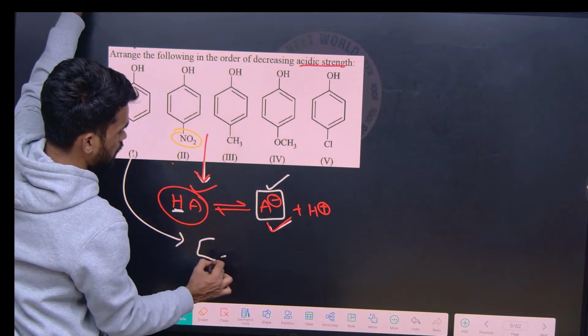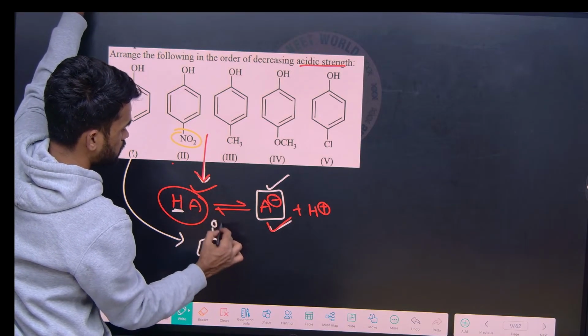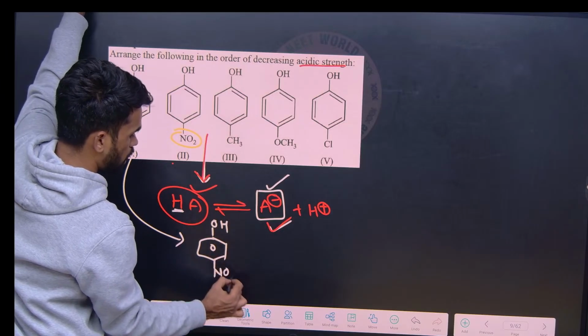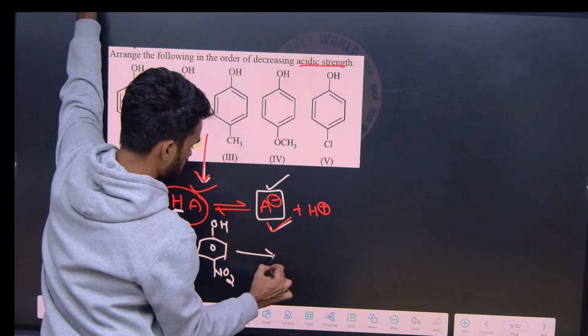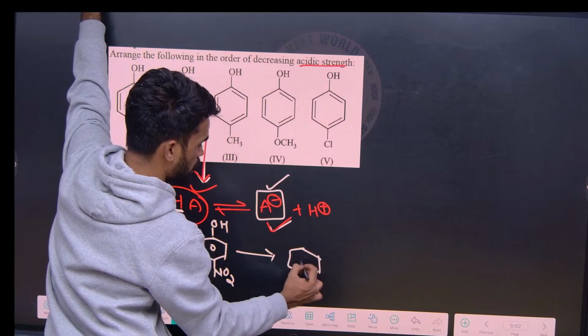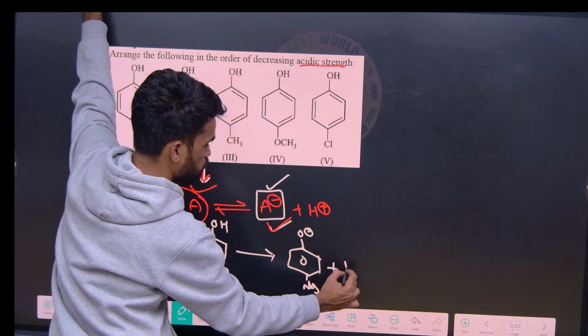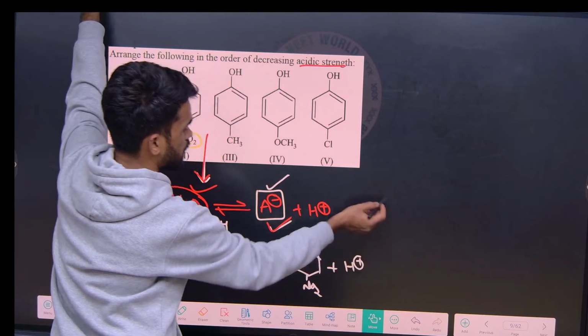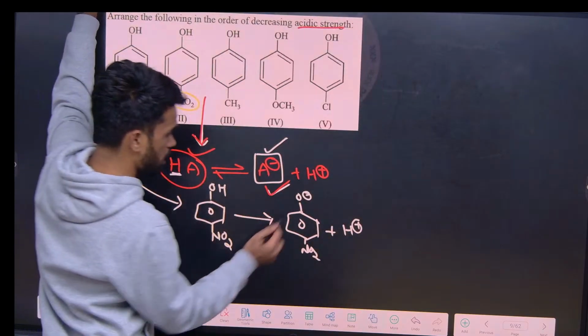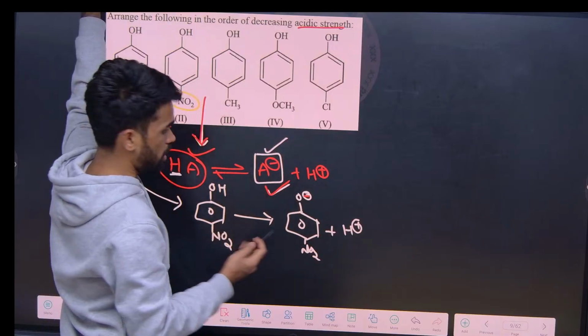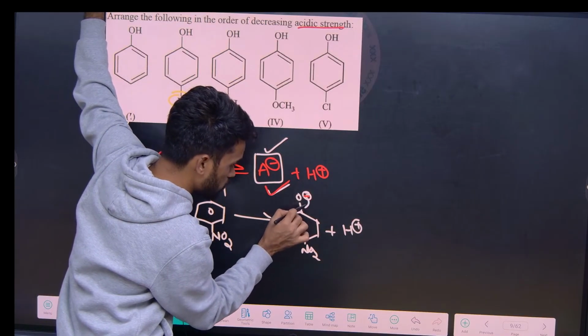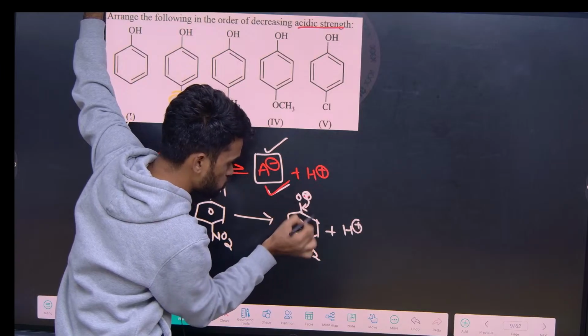So after releasing the H+ ion, what will be the scenario? We will get a phenoxide ion, O-, NO2 and H+. Okay, this is the phenoxide ion. Now this phenoxide ion will be stabilized by the conjugation of this negative charge into the ring.